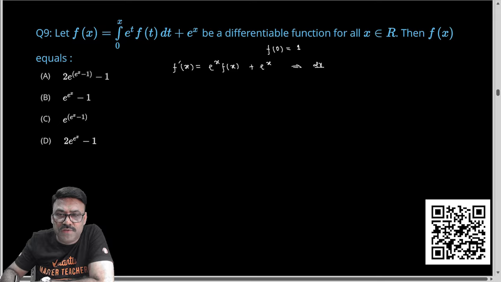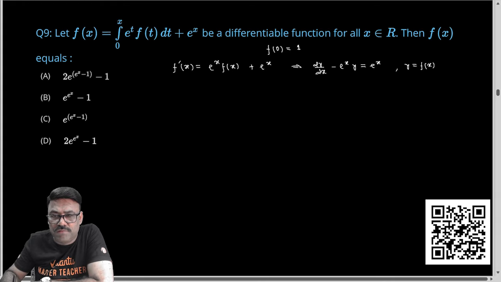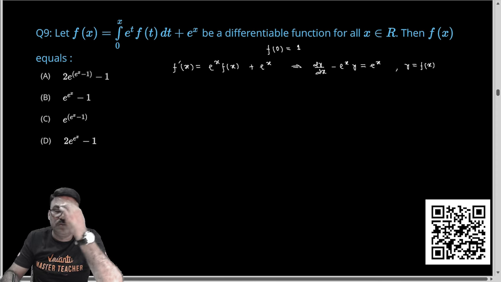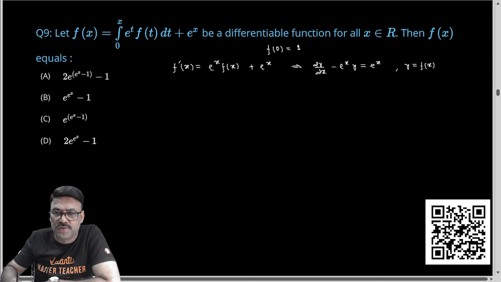It can be written as dy by dx minus e raised to x into y is equal to e raised to x, where y is f(x). You can see that it is a linear differential equation, or it can be variable separable also. You can solve it by using variable separable or linear differential equation.